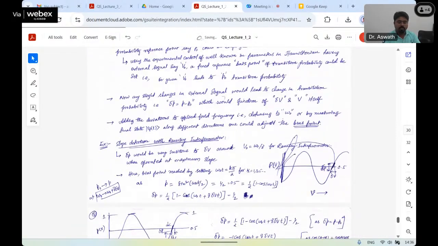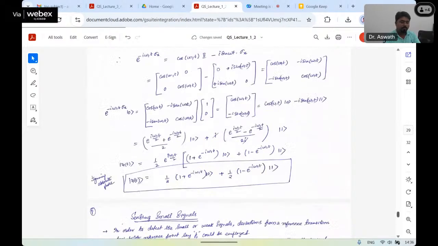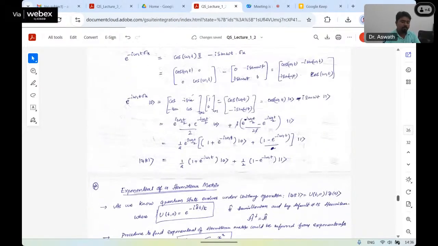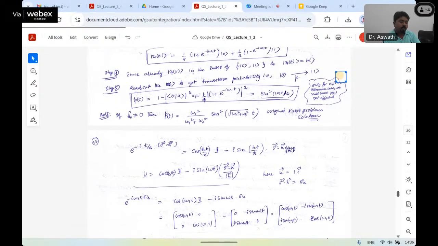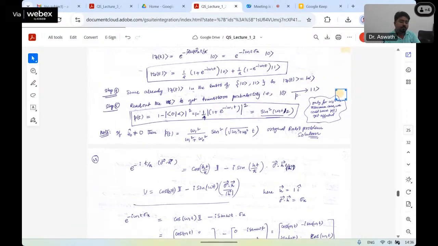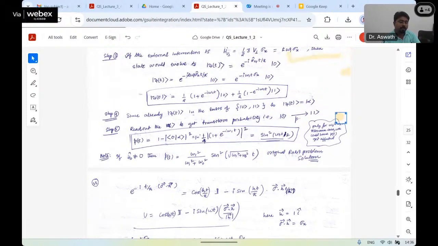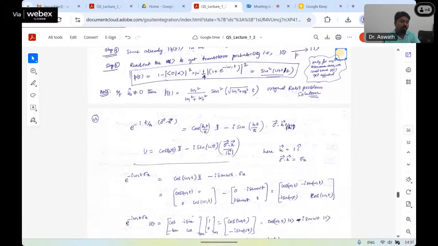How sensing small signals is done. Quickly, we should find out how the exponential of some sigma x becomes some operator form which we can use.